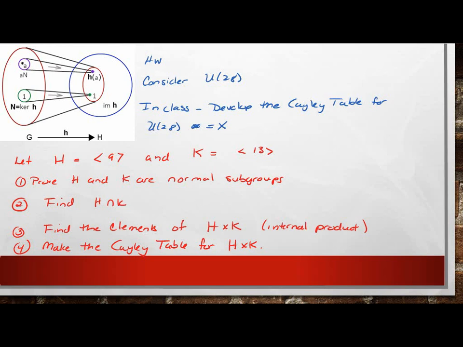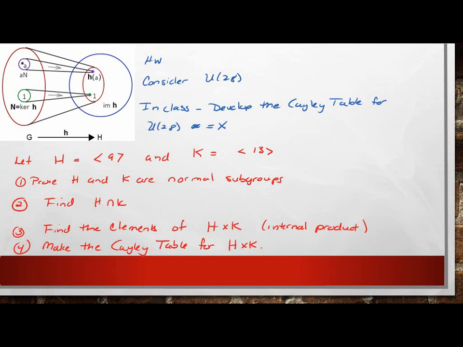So the homework problem is to let H be the cyclic group formed by 9 and K be the cyclic group formed by 13. These two subgroups, the binary operation is multiplication, and they're housed within U28. Find what the intersection is going to be, and find the elements of the internal product.